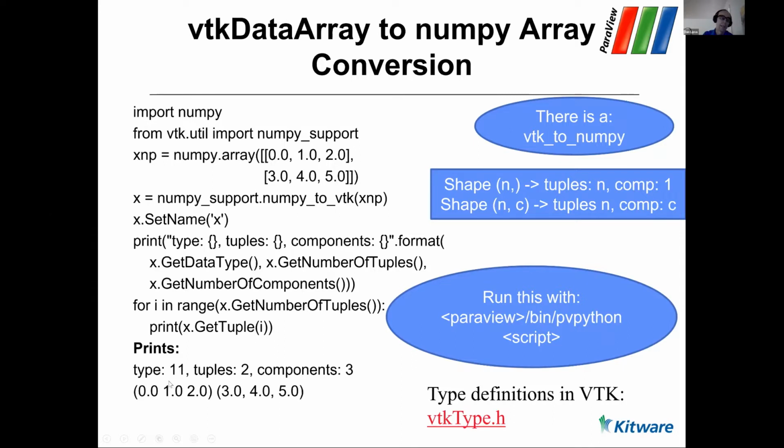So we get the fact that the type is 11. You can see the correspondence between the numbers and the names in this header file, and probably that's float. We have 2 tuples, so we have 2 rows, each tuple has 3 components.